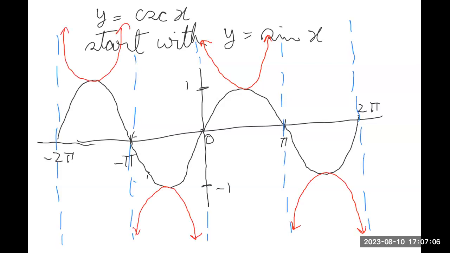So that is the graph of cosecant x. And you can have variations on the cosecant x function.